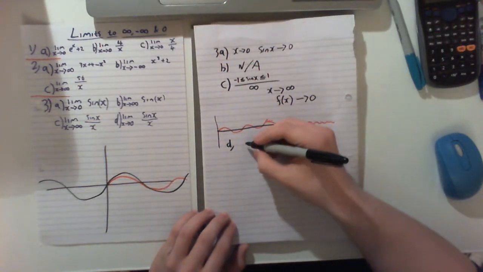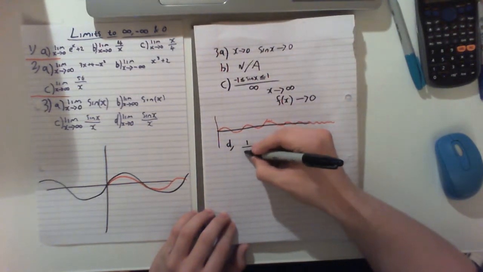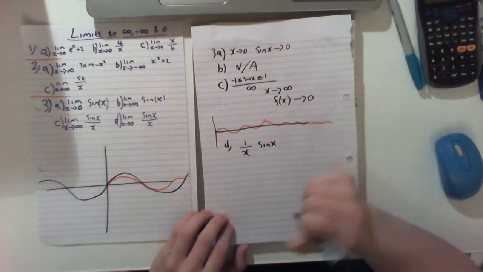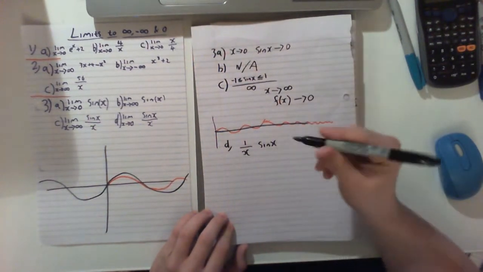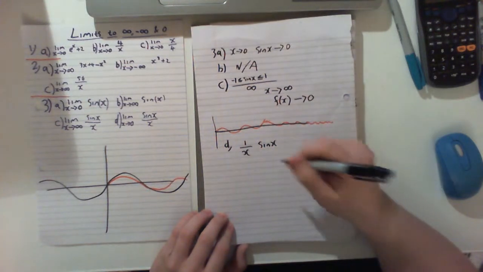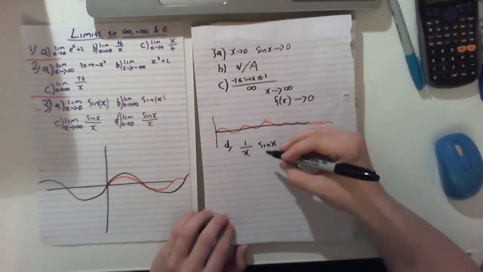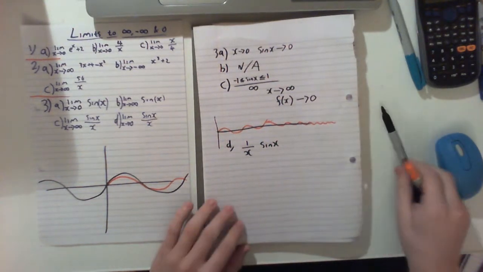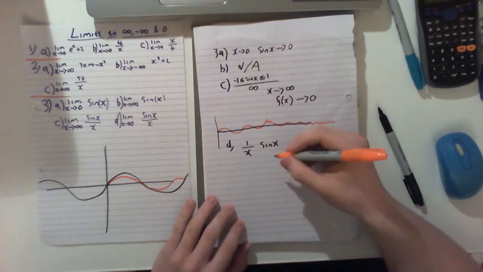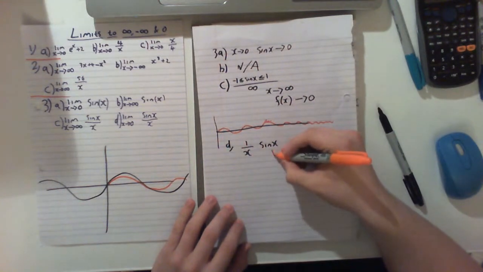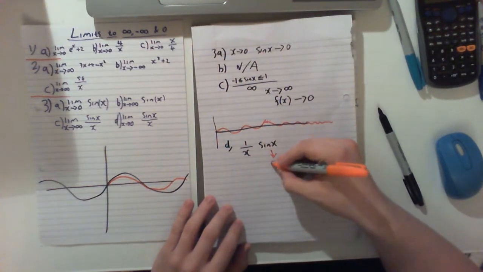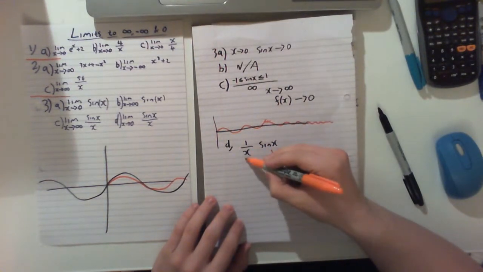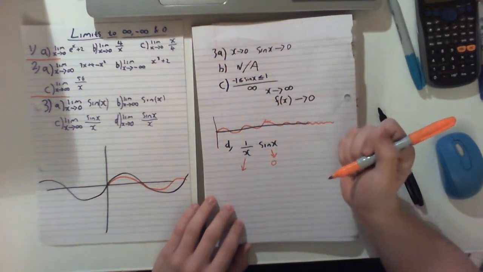So we separate this out now into 1 over x by sine x. Now, if we take the limit of our sine x, we know from our last video that the limit of sine x going to 0 gives us 0. And 1 over x, the limit of anything over x, is infinity.